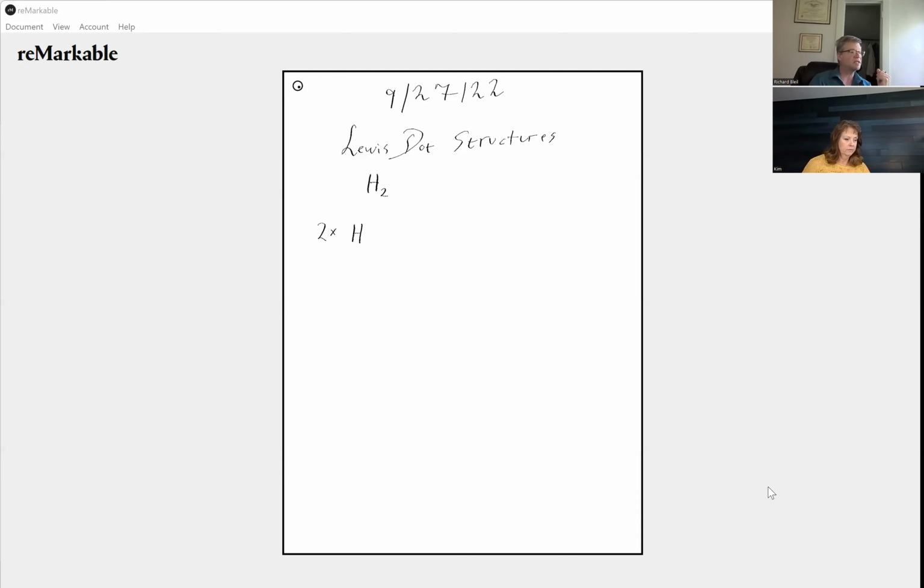And if you look on the periodic chart, unless you're a librarian, in which case you'll look on the periodical chart, hydrogen is up there in the upper left-hand corner. It is atomic number 1, so it only has one valence shell electron. And remember, when you do Lewis dot structures for elements, you only use the valence shell electrons.